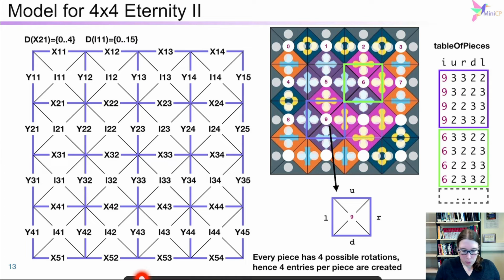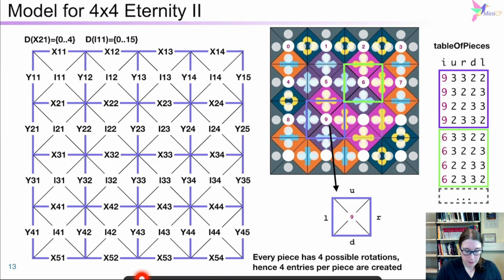To model the whole grid, we can model each of the squares individually, but we can see that 2 squares share the same color when they are neighbors. So instead of having 2 variables and linking them with an equality constraint, we can directly use the same variable for both.